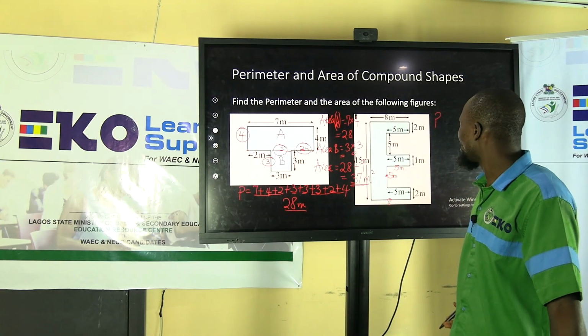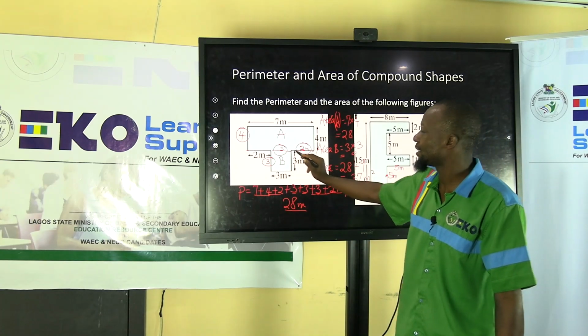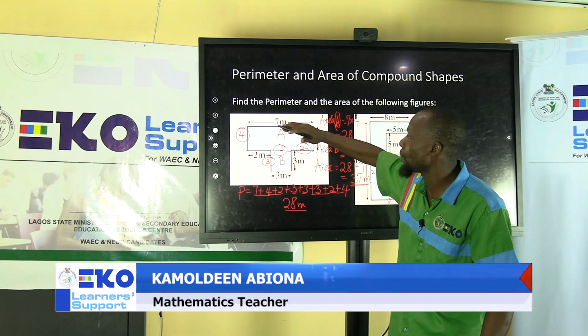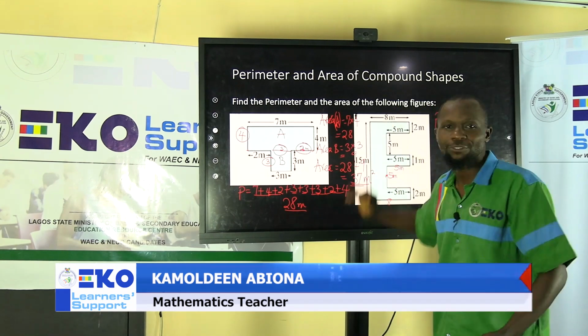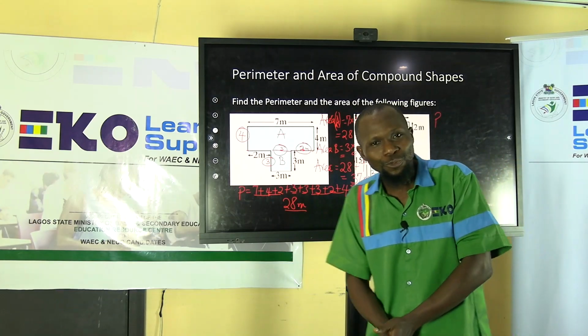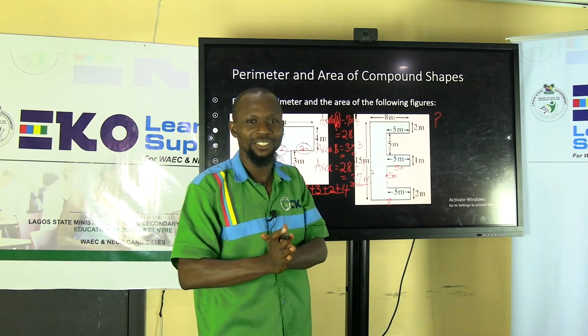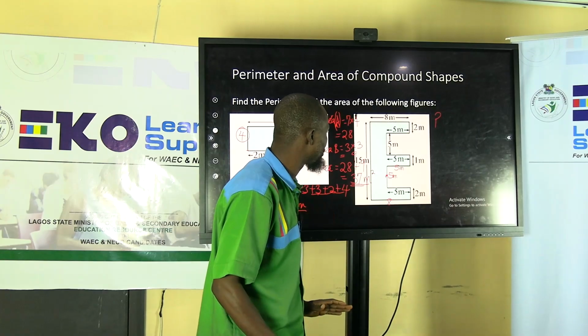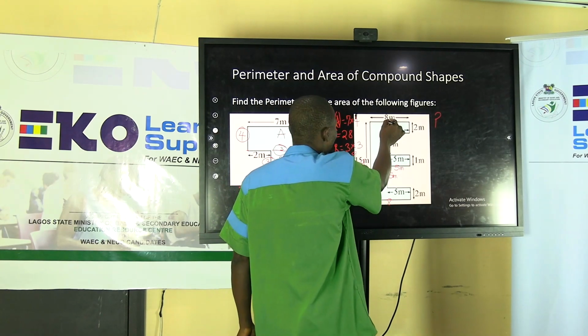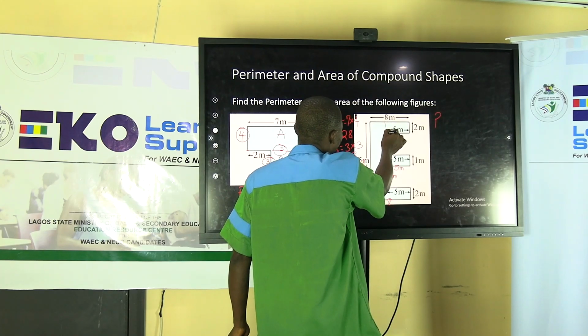Just like we have broken this down into its different components, you break these down into their different components. You have different ways of doing it, but in my own style, what I'm going to do here is divide in this manner.